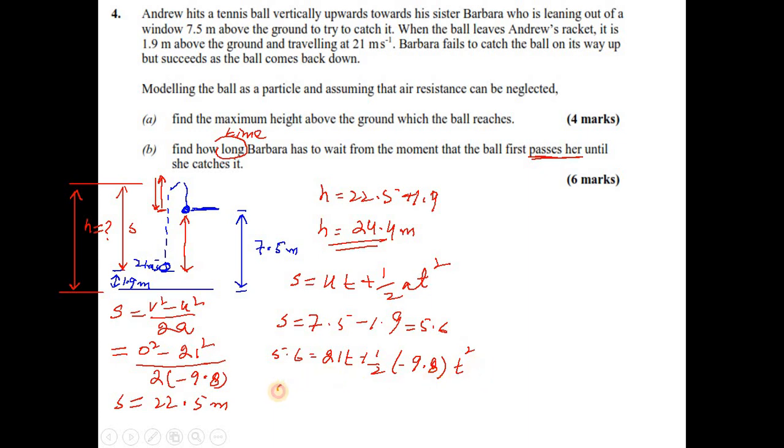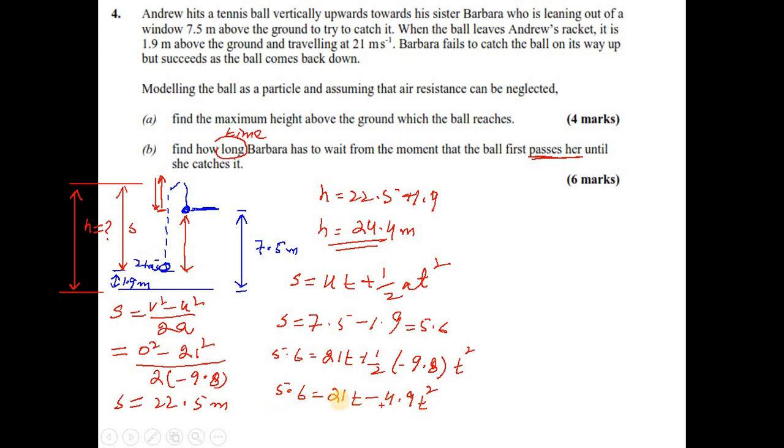That means 5.6 is equal to 21t minus, and if you divide 9.8 by 2, it will be 4.9 t squared.